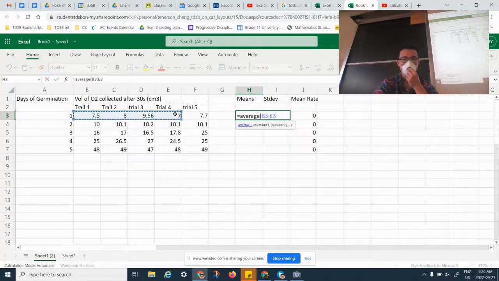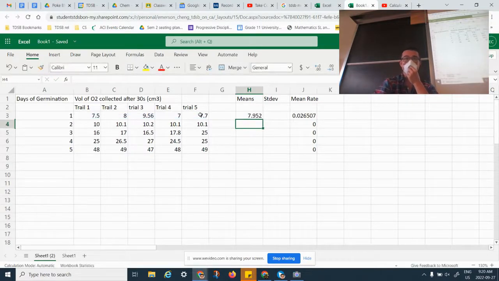You select these 5 cells, you press enter, and it automatically calculates the average for you. You don't need to add 7.5 plus 8 plus, and then divide by 5.